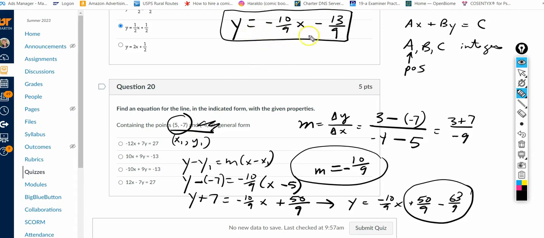So first of all, let's get rid of the fraction. How do you get rid of the fraction? Multiply everything by 9. So I'm going to have 9y is equal to negative 10x minus 13. Add 10x to both sides.